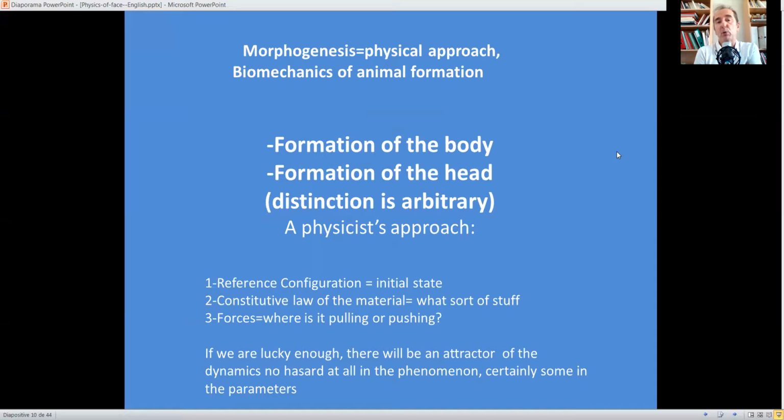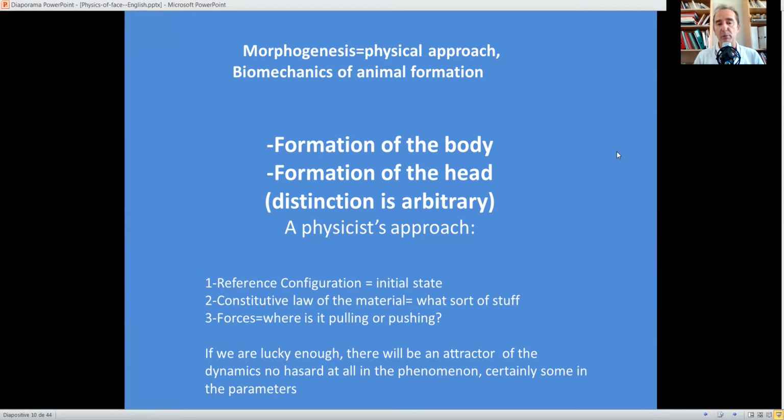The physical approach is based on a biomechanical description of animal formation. And I expect that if you are interested in tensegrity, then you are interested in forces, pressure, tension, and so you are acquainted somewhat with physics. But I will assume that you don't know the physics deeply, and I will go very pedestrian-like.